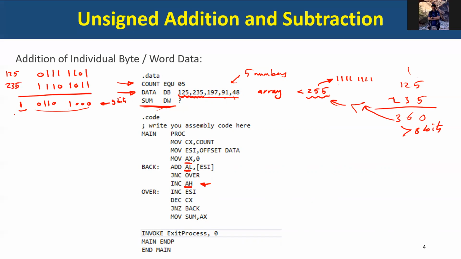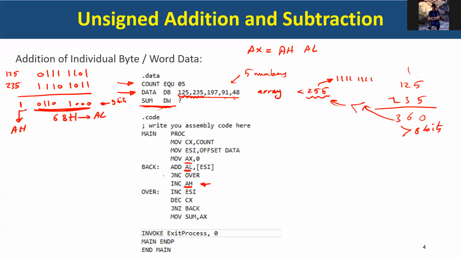So in that case, we should use AH and AL together, or AX. What we're going to do is save this number here, which is 0110 1000, or 68 in hexadecimal, in AL, and we're going to put this one in AH.